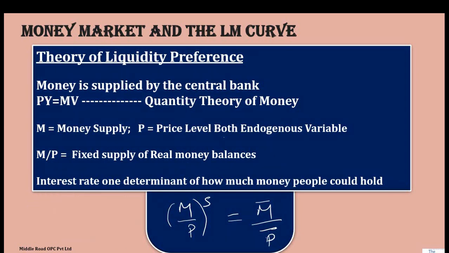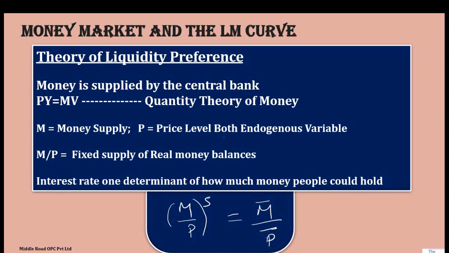So interest rate is one of the determinants of how much money you can hold, as it determines the real money balances demanded. The central bank is the prime source of putting liquidity into the system. Money balances supplied, if M and P are constant, would remain constant. The one way you can change it is M. The more liquidity the central bank puts into the system, the more you change the real money balances supplied.